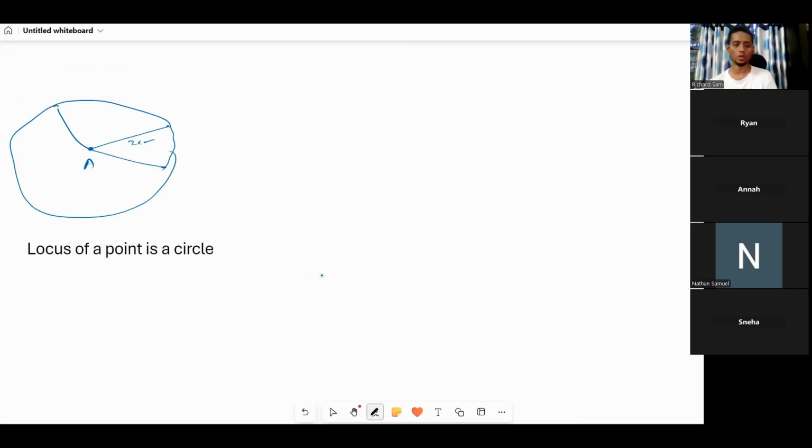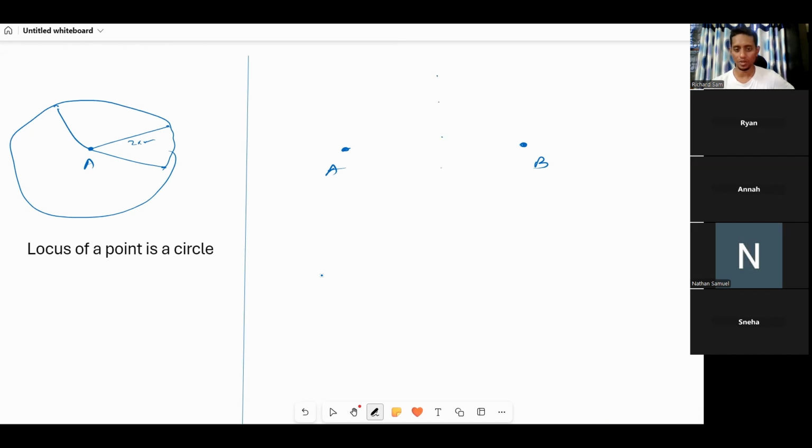Now, what if I give you 2 points? Point A and point B. And I tell you, draw the locus of a point which is equidistant from A and B. So I need to find a point which has the same distance from A and B. Where will that point be? Yeah, it will be right in the center here.